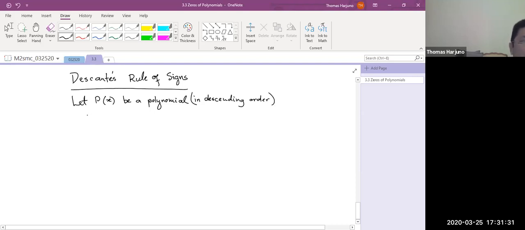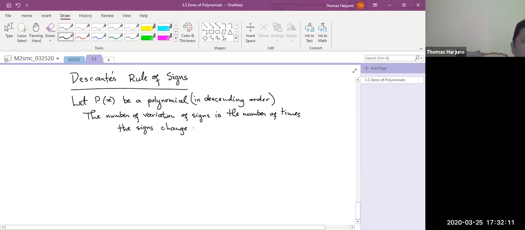Now, let's define the variation of signs: the number of variations of signs is the number of times the sign changes either from positive to negative or from negative to positive.